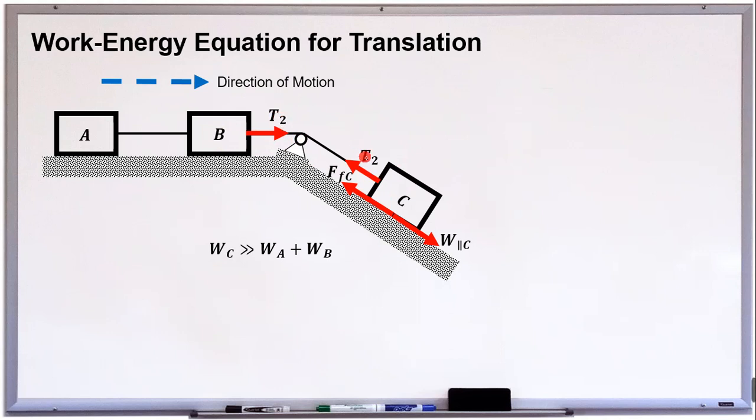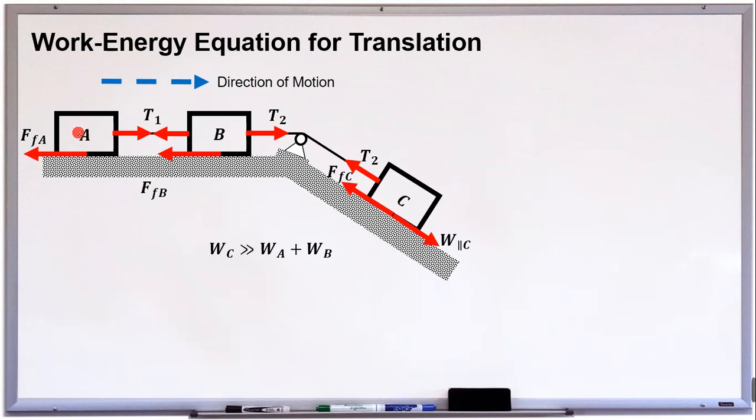So we have here T2 and T2. Next, we also have a frictional force FfB on our block B, and we also have the tension on the rope that connects A and B.